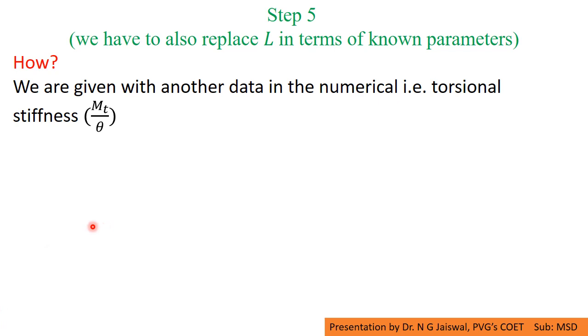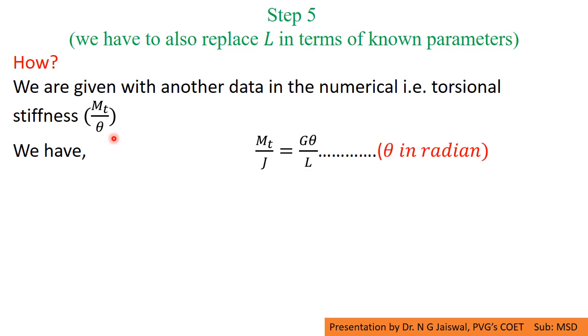Here we are given another data in the numerical, that is torsional stiffness. Torsional stiffness is given as 100 Newton meter per degree. That is mentioned in the numerical. So this will help us to eliminate the L. For a component subjected to torsional moment, one can write an equation mt upon j is equal to g theta by L. This equation you know.